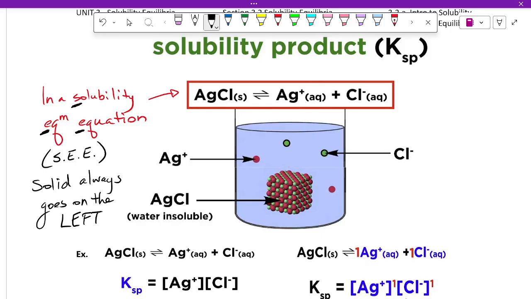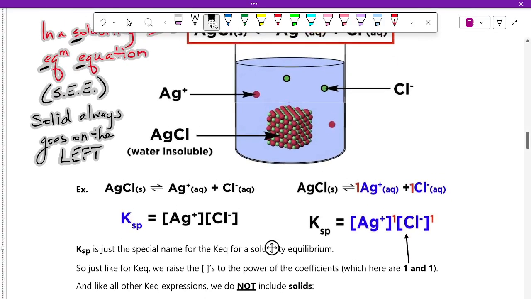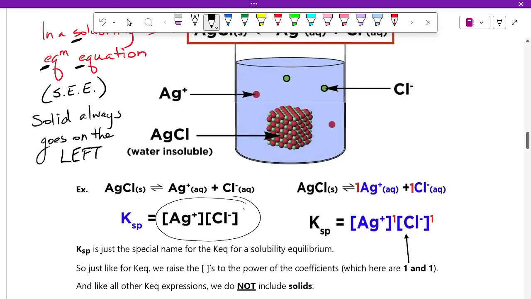And there's a reason for that. It just makes the math tidier. If you had the ions on the reactant side, it would always have to be 1 over your ion concentrations. Whereas here, your products, the ions, just go nicely on the top and we don't have to write 1 over those. Does that make sense? Yeah? Okay. Anyway, so we always put the solid on the left.